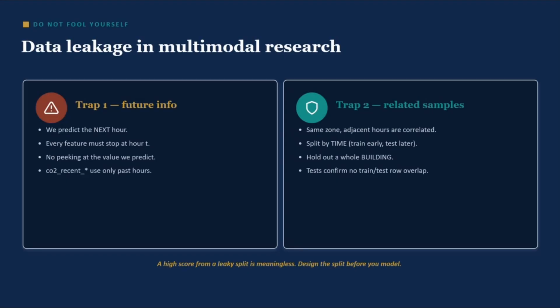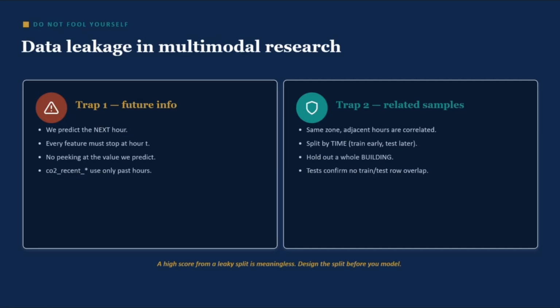Second, related sample leakage. Samples from the same zone at adjacent hours are strongly related. If we randomly shuffle everything, very similar observations may appear in both training and testing data. That can make the results look much better than they really are.